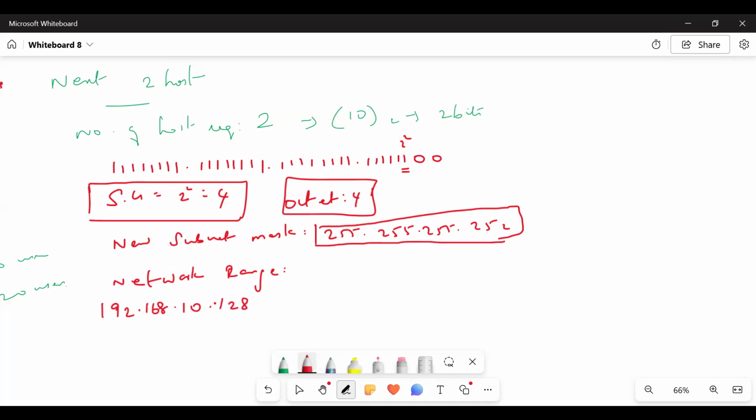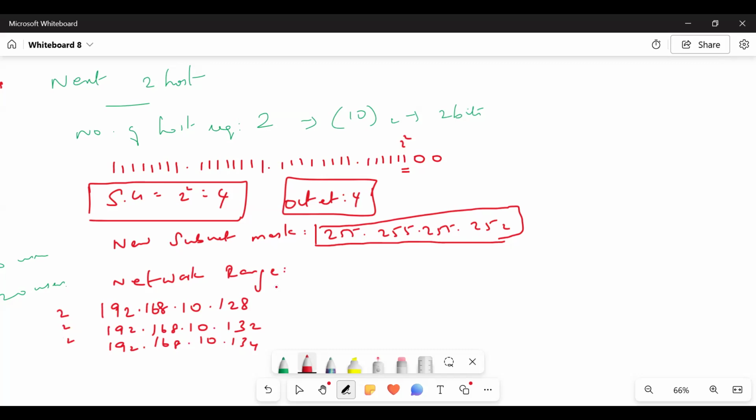From this IP address, we need to start. 128 plus 2 gives 132. So 3 crossover links are there, right? So we need to write 10.128 plus 2, 132. Then again, one more, 192.168.10.132 plus 2, 134. So 3 networks for crossover link.